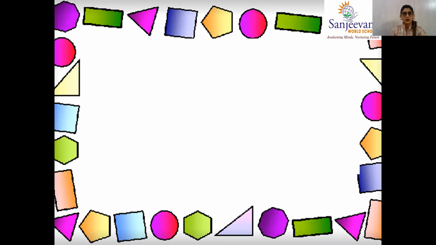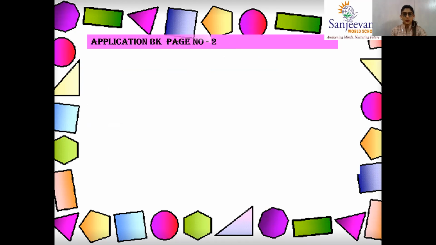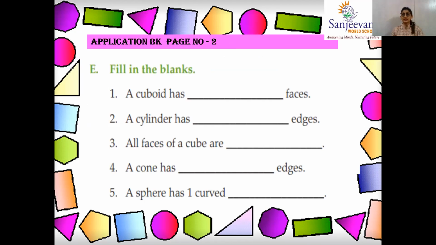Now, going ahead with question number E on the same page number 2, fill in the blanks. A cuboid has dash faces. Come on, this is very easy and basic. It has 6 faces. Second fill in the blank, a cylinder has dash edges. 2 edges.